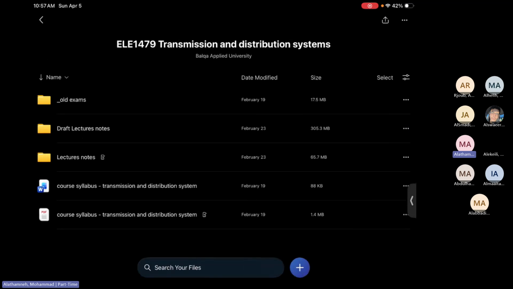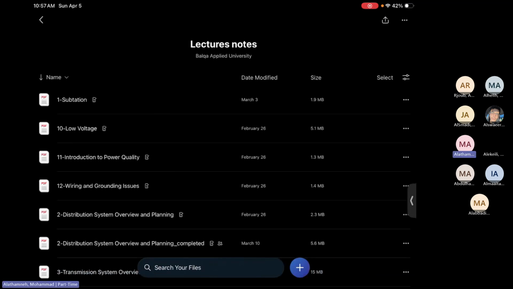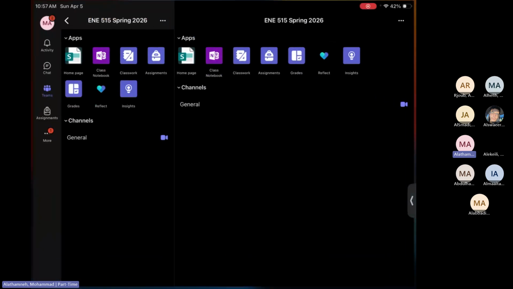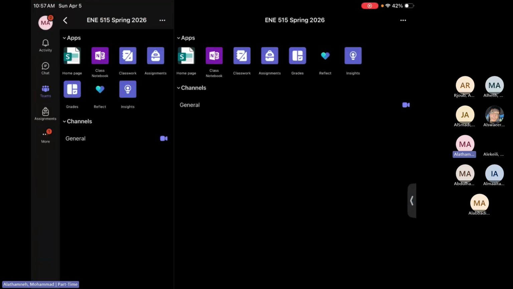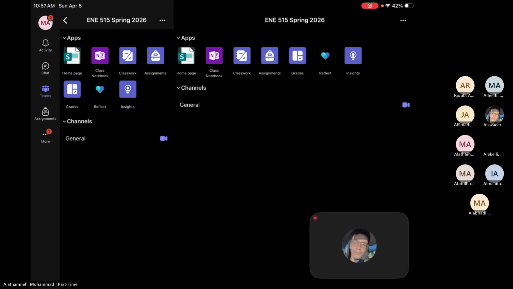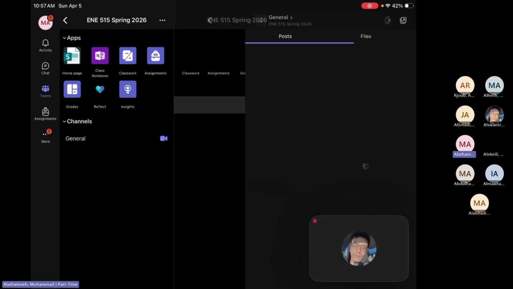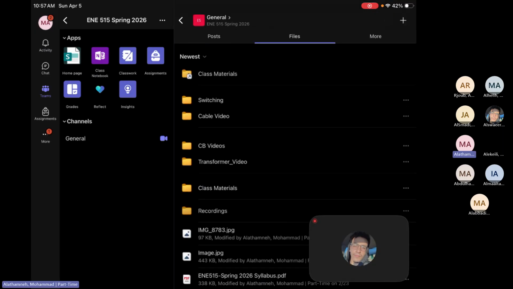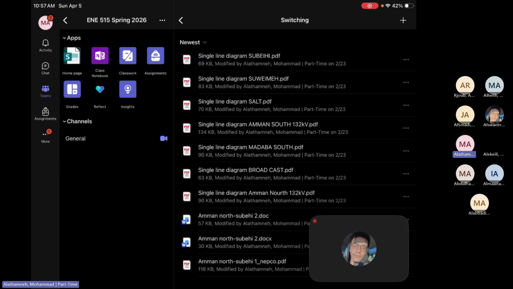By the way, there is one file when you go to the Microsoft Teams, you will see a folder. It's called switching. That folder has several single line diagrams of several substations in Jordan.